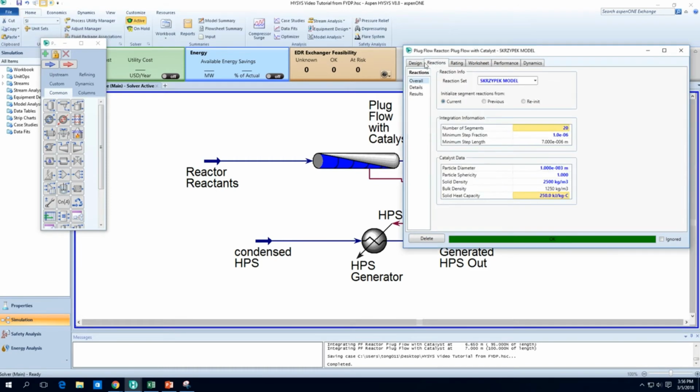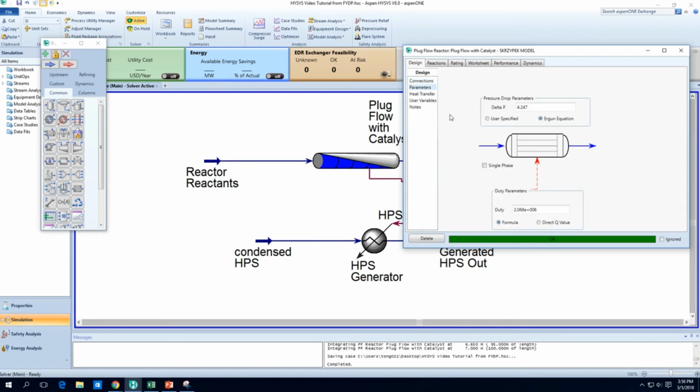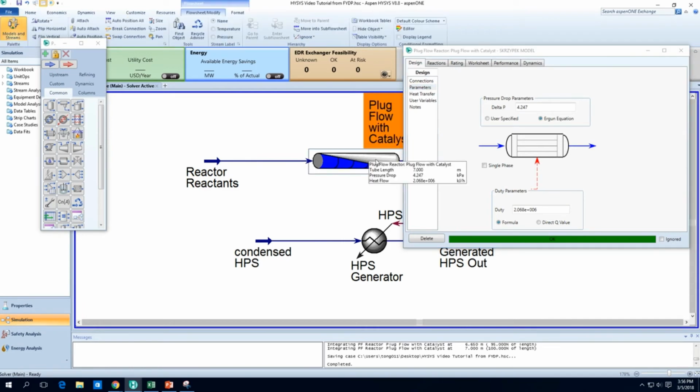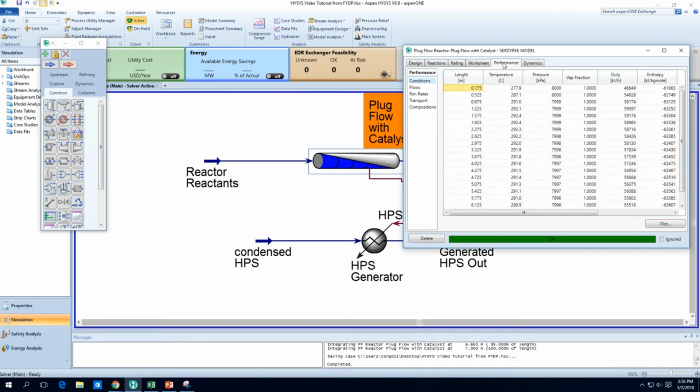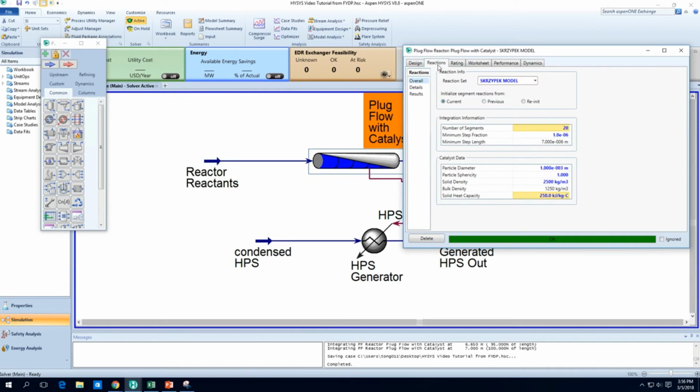We make an energy stream, and we have used this formula, which uses some Nusselt number correlation to tell us how much duty this plug flow reactor can transfer out, based on how much area.